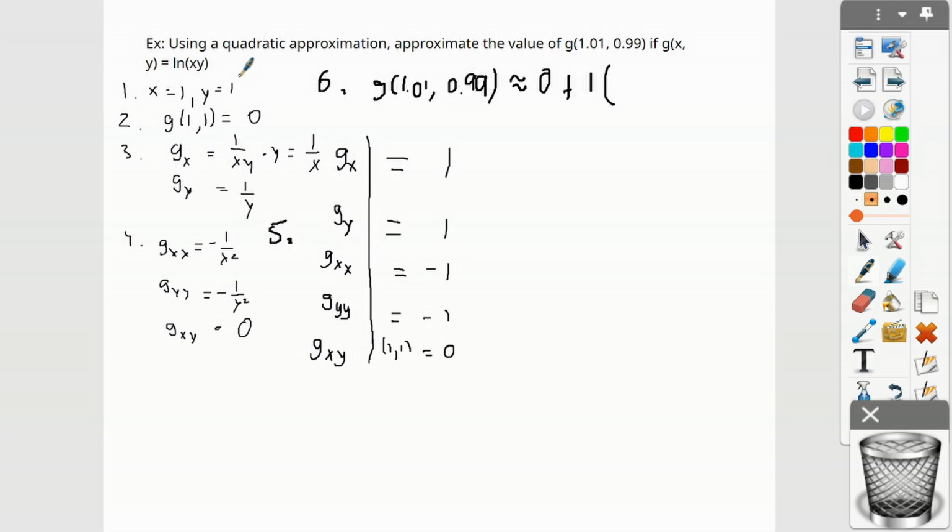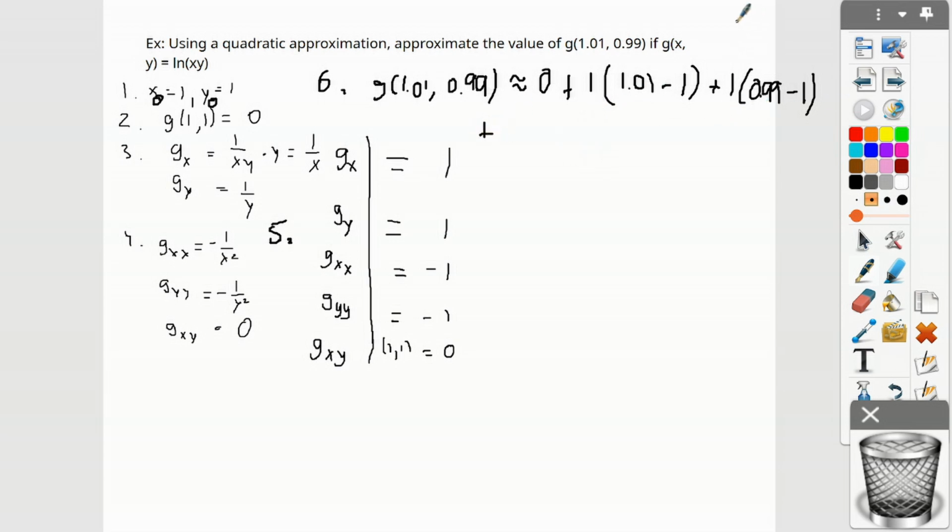Our x is the x that we're trying to find, 1.01. So it will probably be more useful to say x0 equals 1 and y0 equals 1 at the beginning, minus 1, right? And then plus 1 times 0.99 minus 1. So this is f sub x, this is f sub y.